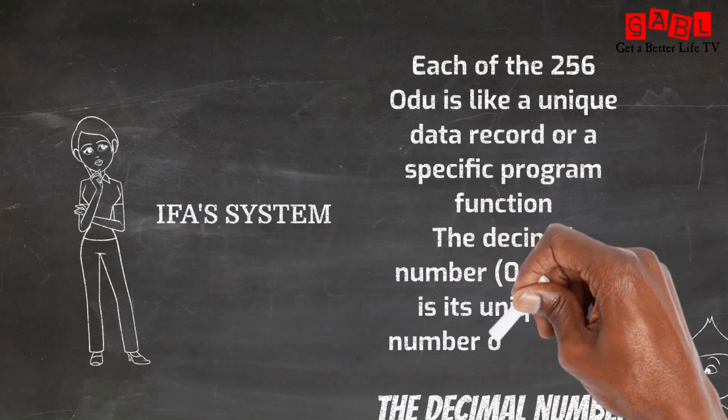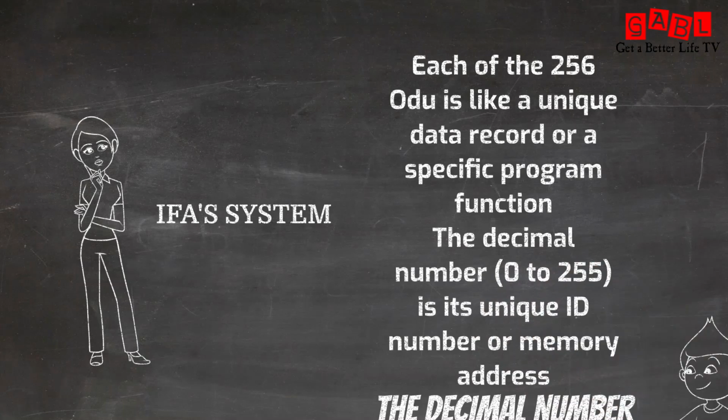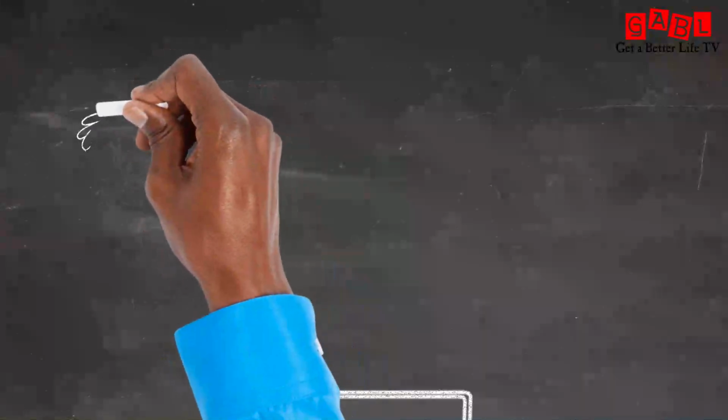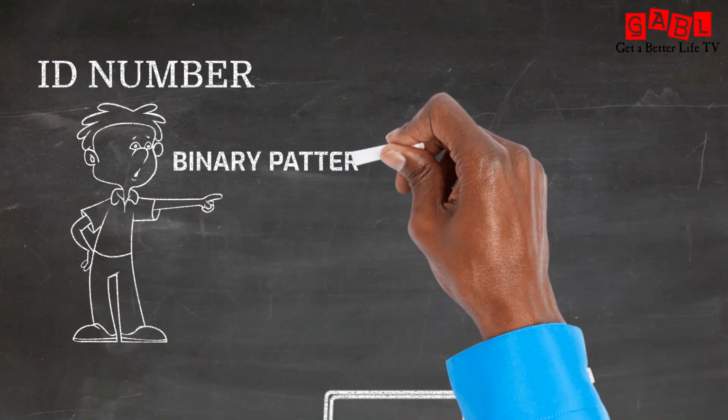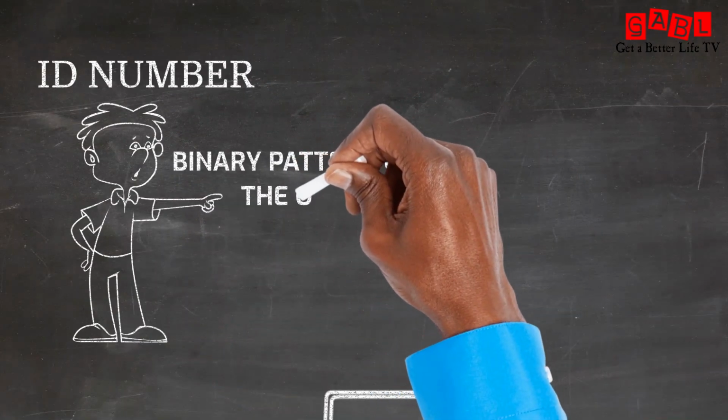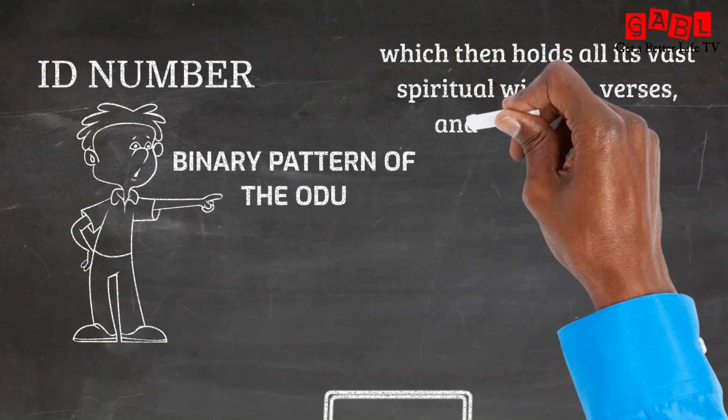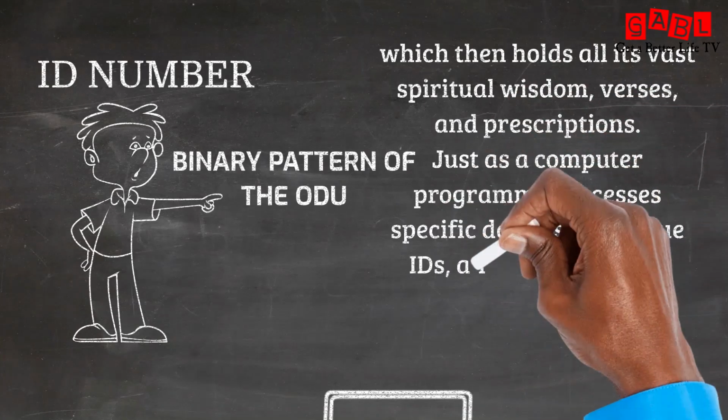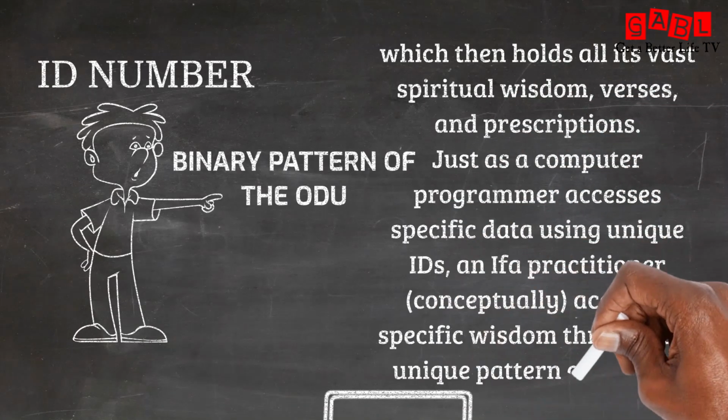Each of the 256 Odu Ifa is like a unique data record or a specific program function. The decimal number 0 to 255 is its unique ID number or memory address. This ID number points directly to the specific binary pattern of the Odu, which then holds all its vast spiritual wisdom, verses, and prescriptions.